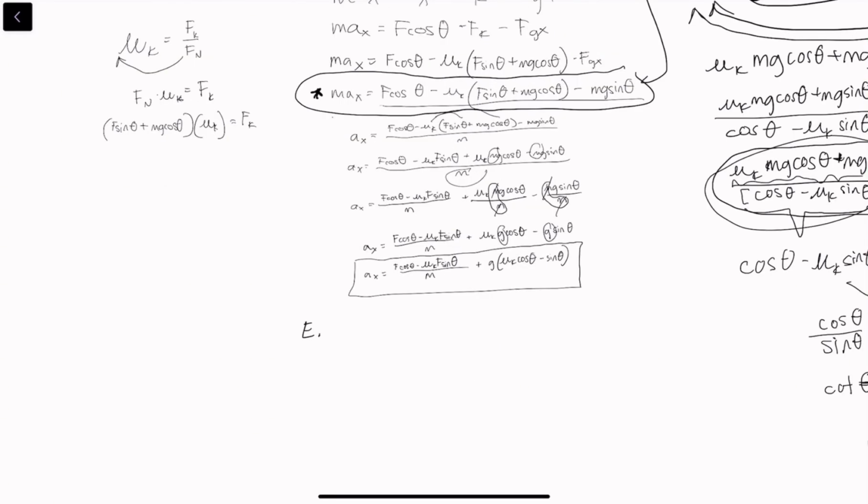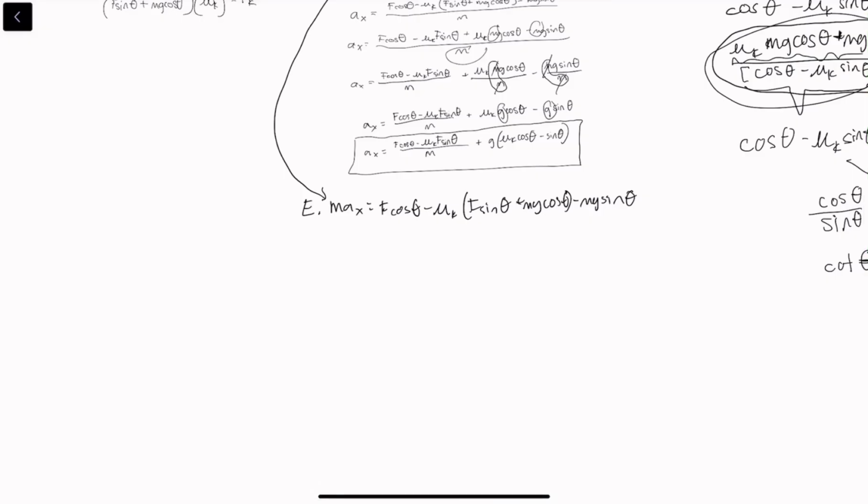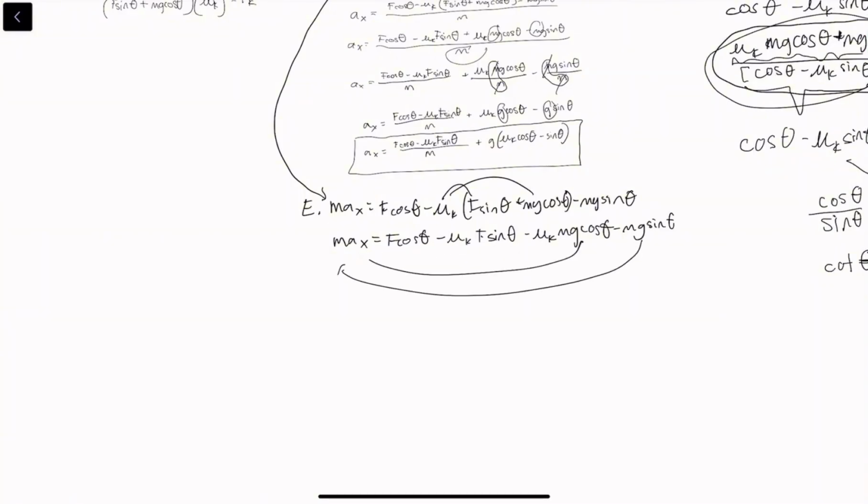Okay, so for part E, I'm going to bring down this formula. And I'm going to distribute these and isolate for f. So add these over. And I'm just going to take f out here just because they both have it. And then divide both sides by cosine theta minus mu k sine of theta.